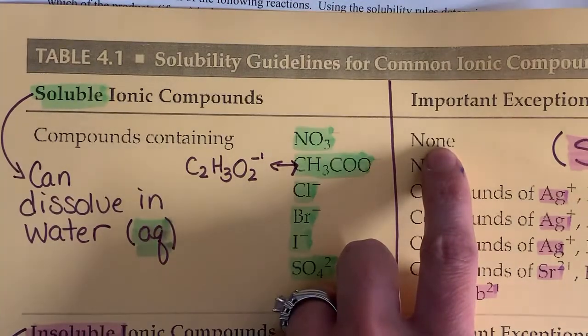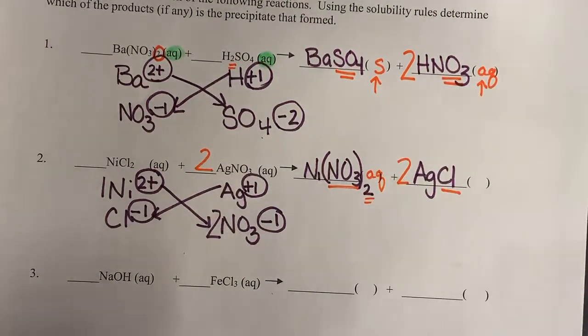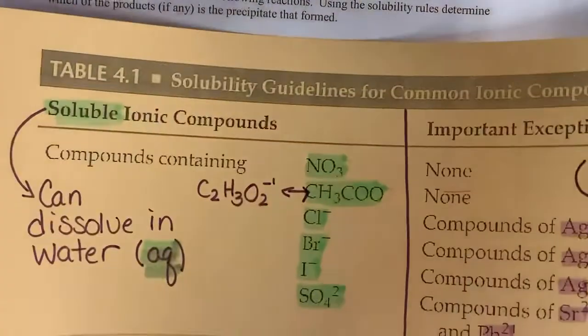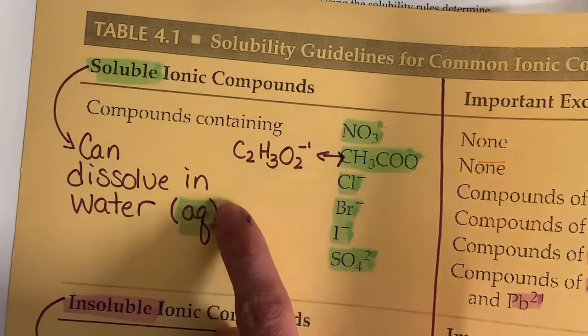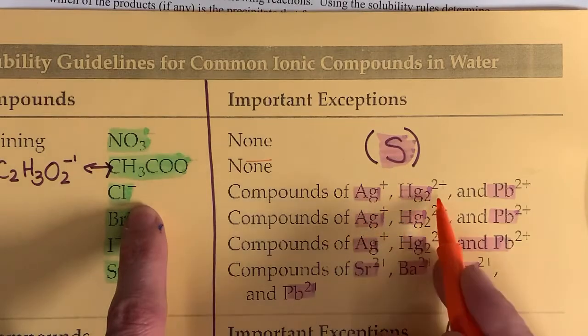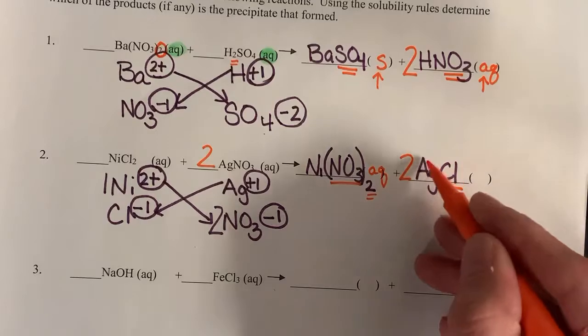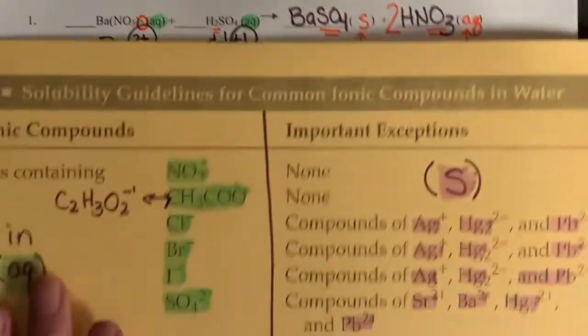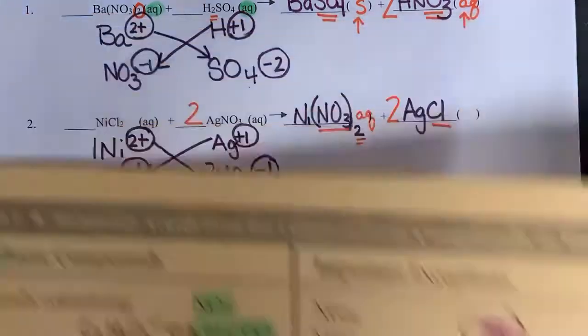There are never any exceptions. He is never a solid. AgCl. Cl can normally dissolve in water as well and be aqueous, unless he's partnered with Ag, Hg, or Pb. Well, in this case, he's with Ag. Because he's with Ag, he's going to be solid.